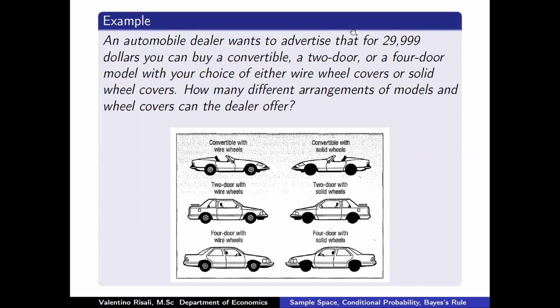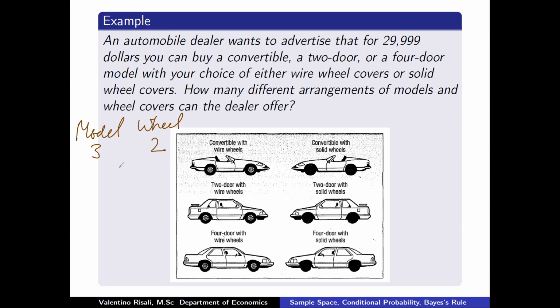Because the value is quite small, that is the model and wheel, we can consider model as the first thing and the wheel as the second thing. In this case, model has three types and the wheel has 2 types.